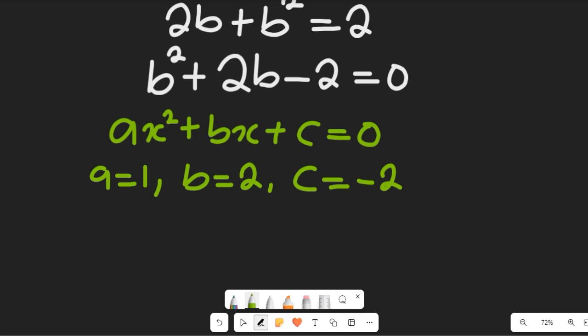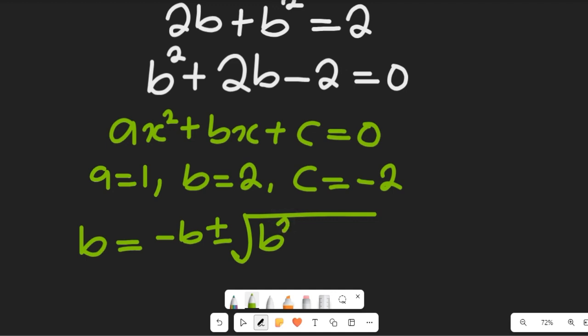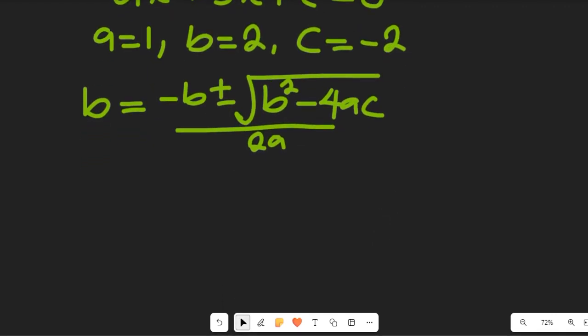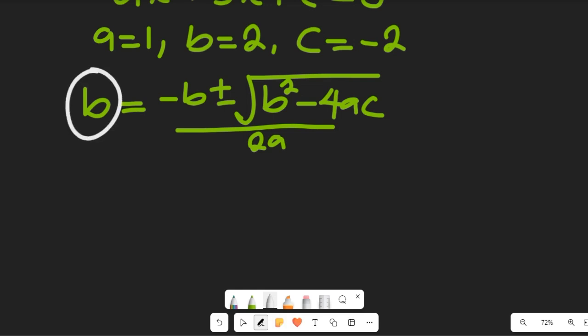So we are going to use the quadratic formula to find the value of B, which is equal to minus b plus or minus square root of b squared minus 4ac divided by 2a. Now, if you consider that quadratic formula with a equal to 1, b equal to 2, and c equal to minus 2, we're going to find this B, which is the quadratic expression given to us.